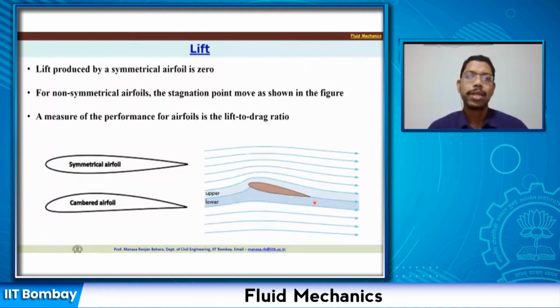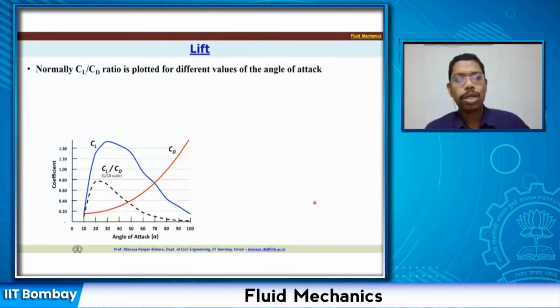All right, now let us look at a typical plot for different angles of attack. You have a typical body, an airfoil, and for that airfoil, if we take the lift coefficient at different angles of attack, you can see the lift coefficient increases and then decreases.